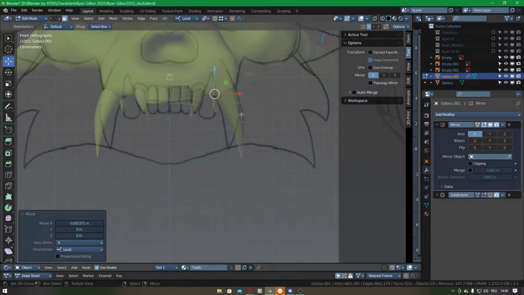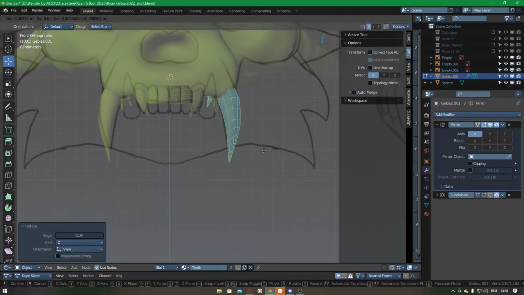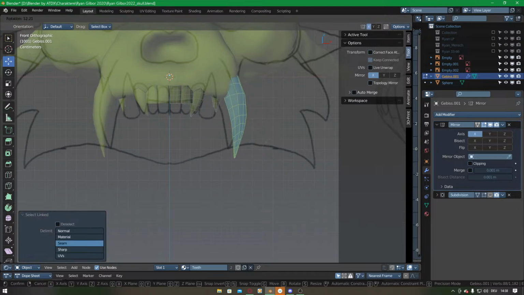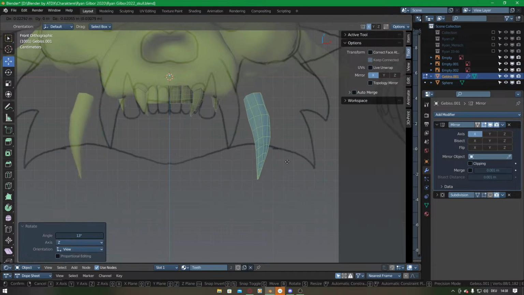Okay. Interesting. The tooth was a little bit... Whoops. That tooth is long. Why is it so long? That's unnecessary.